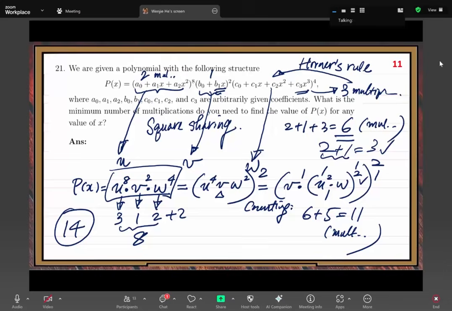So that's why your answer has 4 more than the best answer, 11. Oh, 3 more, because that big one, you save 2 multiplications, not just 1. So try to understand this well, because in your midterm you will have a similar question. You need to do the square sharing following the solution the way we do here.